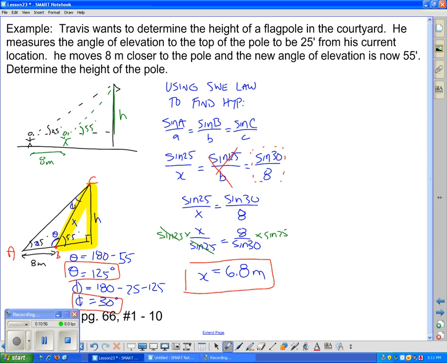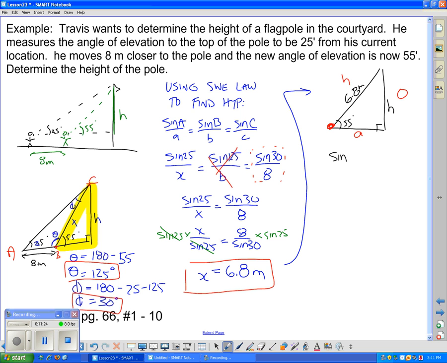So now I'll just redraw the triangle I'm working with at the moment. So now I'm with this triangle here, 55 degrees. I just found out that this is 6.8 through trigonometry. I'm looking for that height. Labeling the triangle, if that's my reference, I'd have opposite, hypotenuse, adjacent. So I want to know the opposite side.